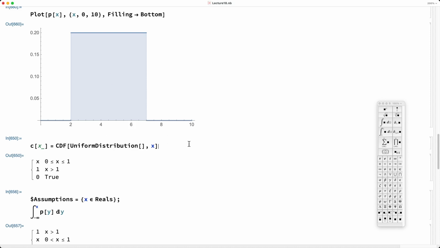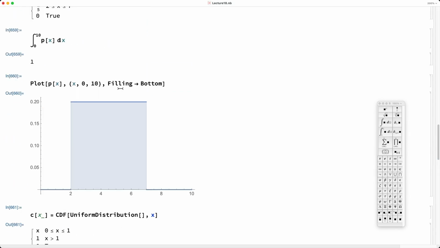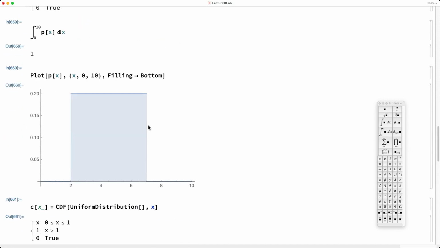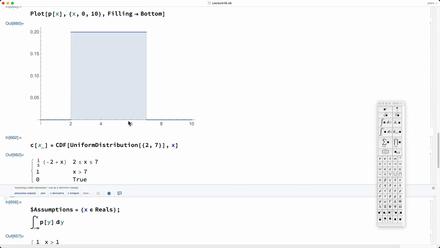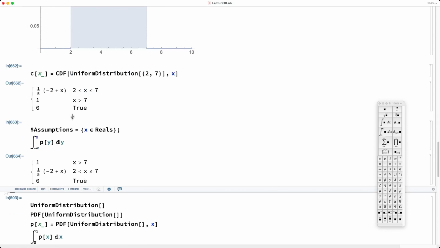And we can again ask for the CDF if we want to. Now we have to change the uniform distribution to be between 2 and 7. And of course we can do this again, and we should get the same result as when calculating the CDF explicitly.